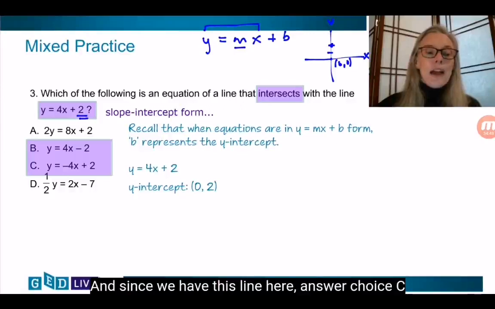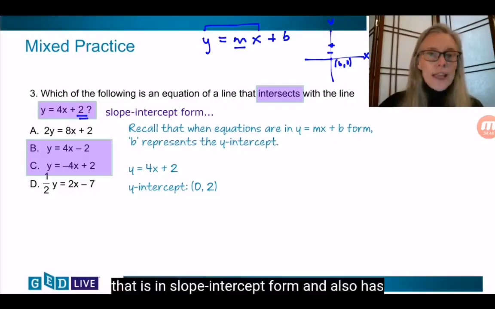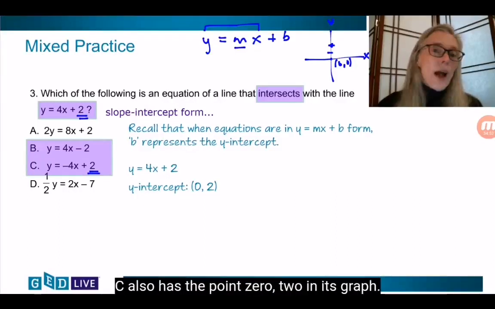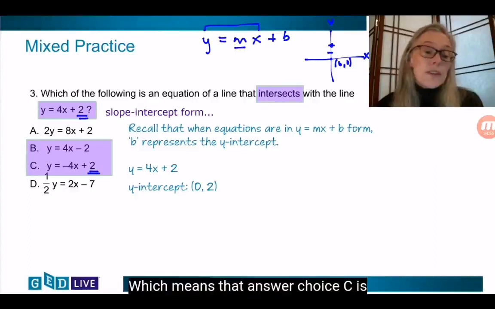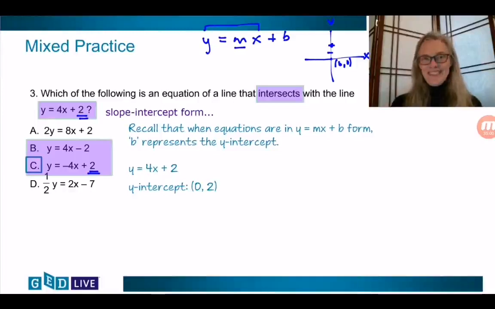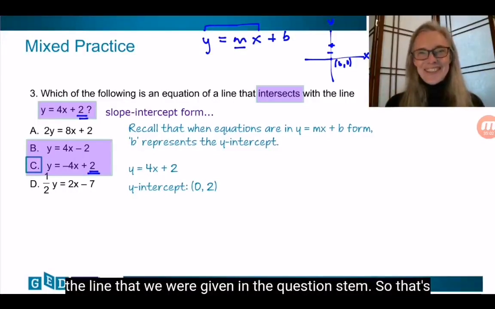And since answer choice C is in slope-intercept form and also has a y-intercept of 2, that means that answer choice C also has the point 0, 2 in its graph, which means that answer choice C is the line that intersects the line that we were given in the question stem.